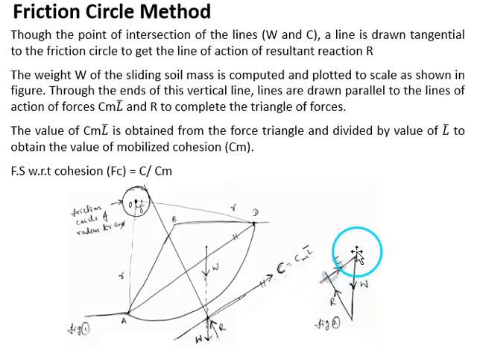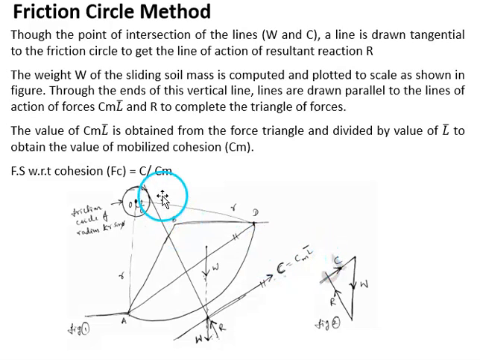Then this distance has to be multiplied with that load scale, so that we'll be getting the total cohesive force. So that total cohesive force, which is the product of mobilized cohesion and chord length, we can get the mobilized cohesion, where mobilized cohesion equals total cohesive force obtained from this force triangle divided by chord length.